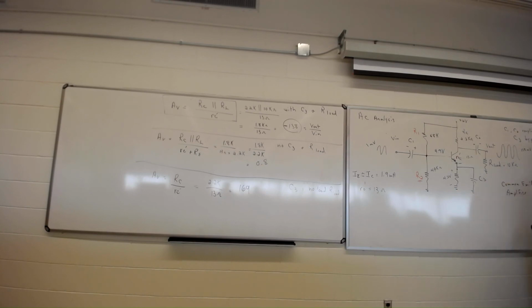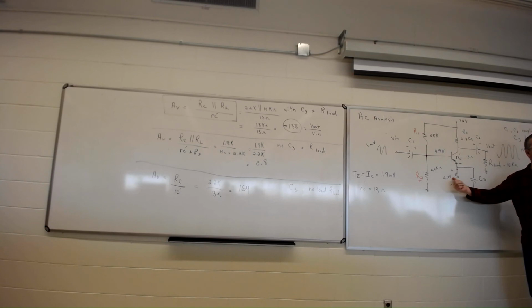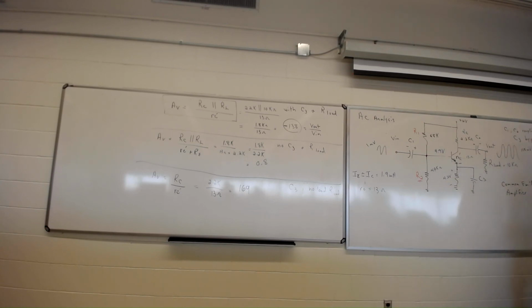Now, some amplifiers don't need C3. Sometimes this resistor down here is low and doesn't take much away from the gain. And sometimes putting C3 will give you too much gain. So sometimes you can have an amplifier without it if this resistor is low. But in this case, because we had a 2.2K, putting C3 actually gave us something we could work with.